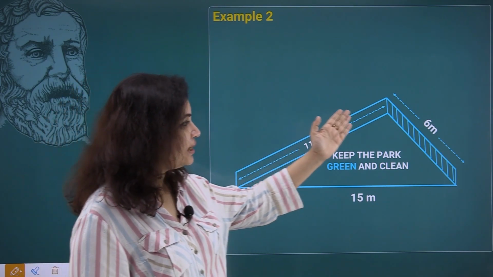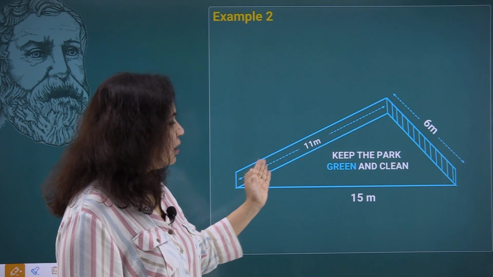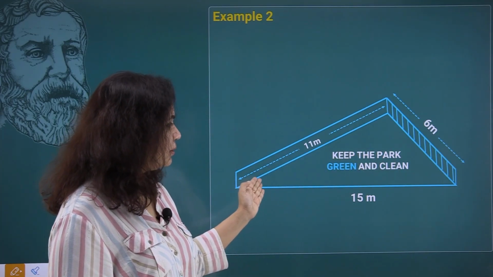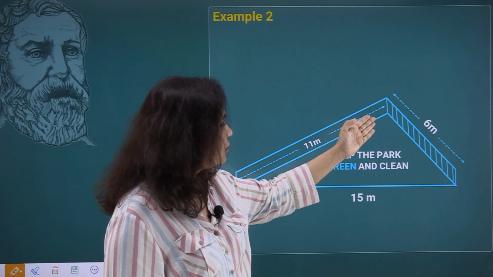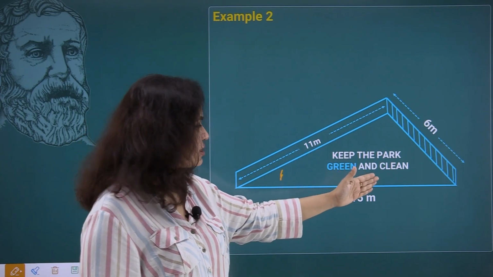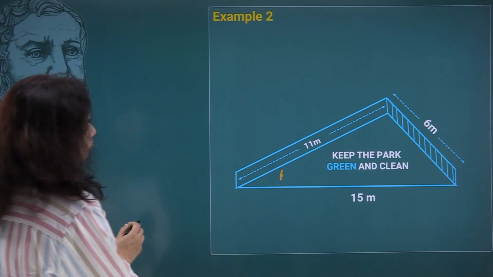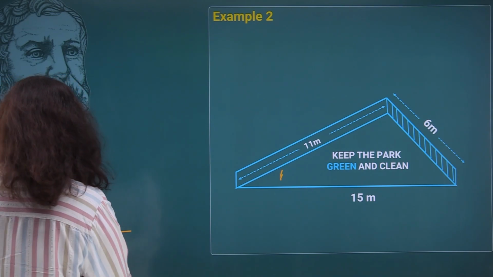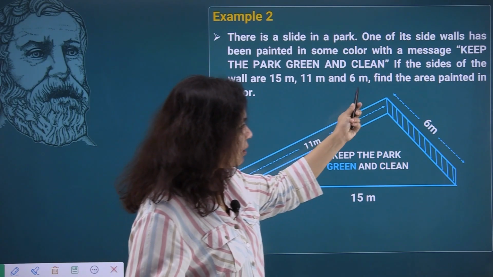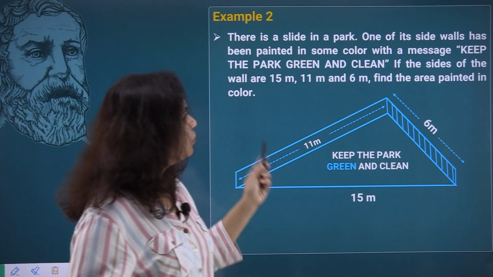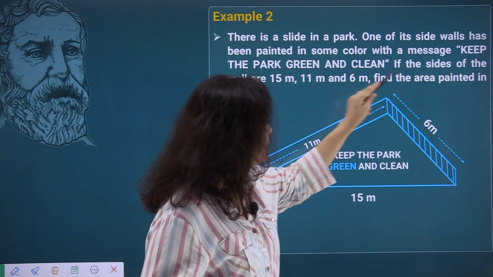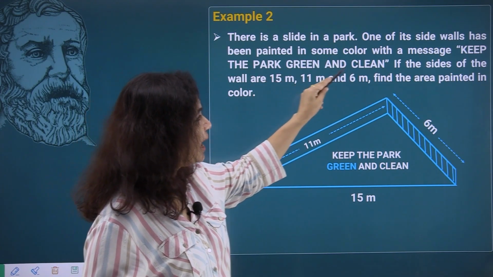Here we can see a track, a road in a triangular way, and the portion here is a park. What we have to do in this question? There is a slide in a park. This is the slide. One of its side walls has been painted in some color with a message, "Keep the park green and clean."